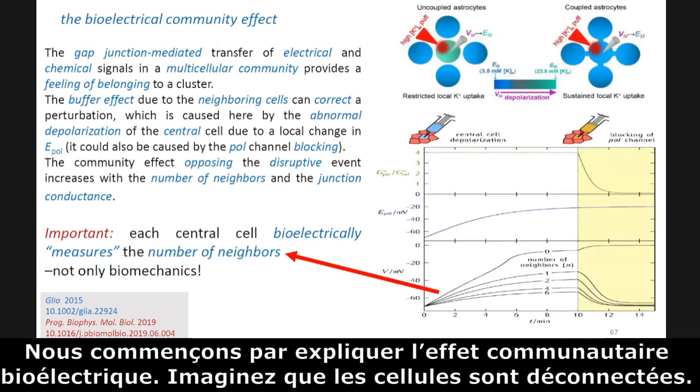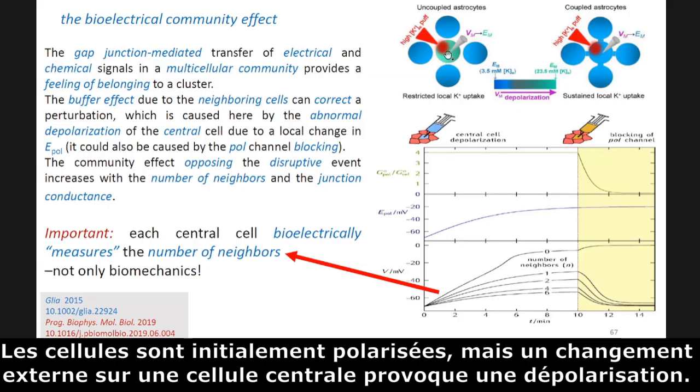To this end, we try to explain first the bioelectrical community effect. This effect is better explained with an example here. Imagine that the cells are disconnected. The cells are initially in a polarized state, but some change, for instance, an external action on a central cell, causes a depolarization.